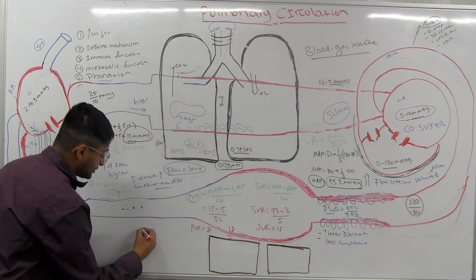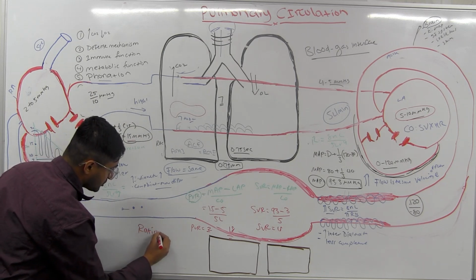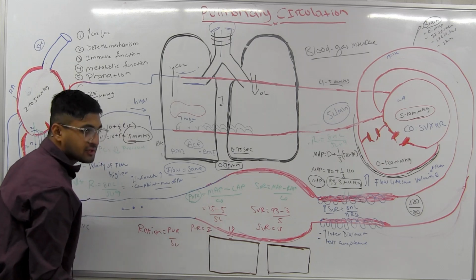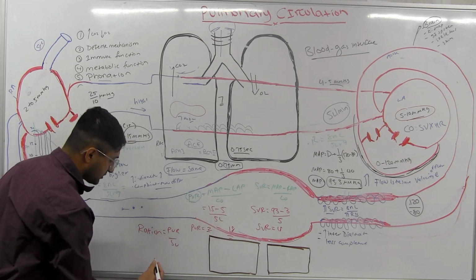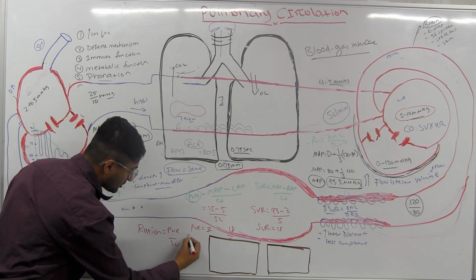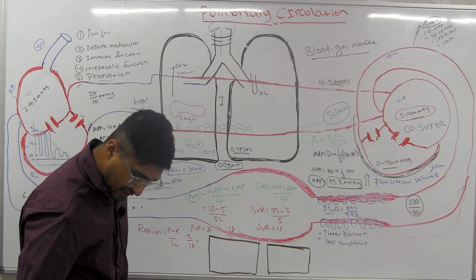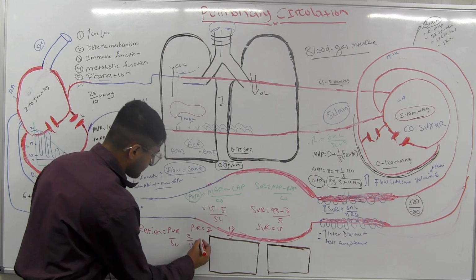Now let's find the ratio between the PVR over the SVR. If I do that, you have 2 over 18, and that's going to give me 1 over 9.